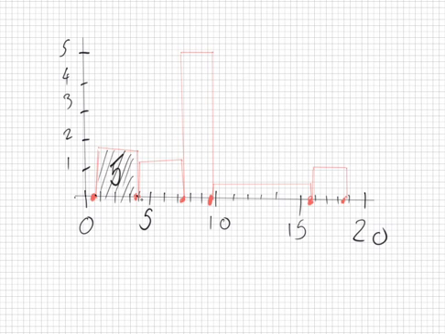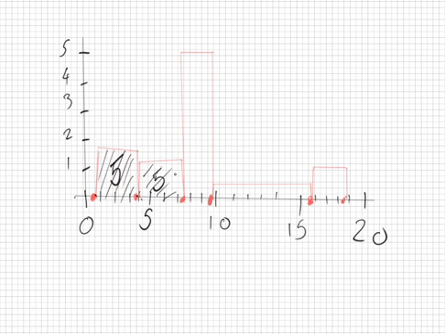Okay, how big is this base here? It's 4 units, sorry, and the height is 1.25. So what's the area of this one here? 5. No, I think we typed it in wrong. It's 4 multiply 1.25.